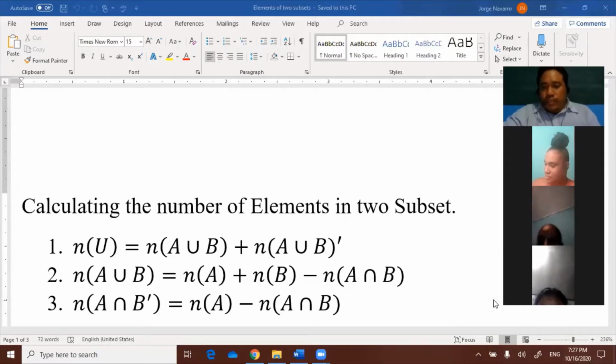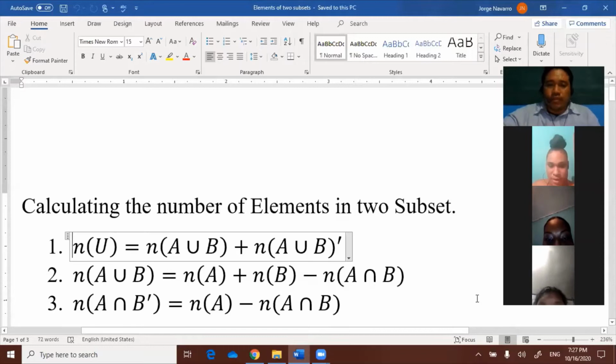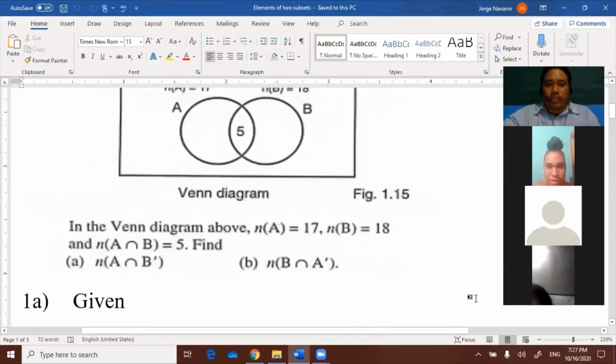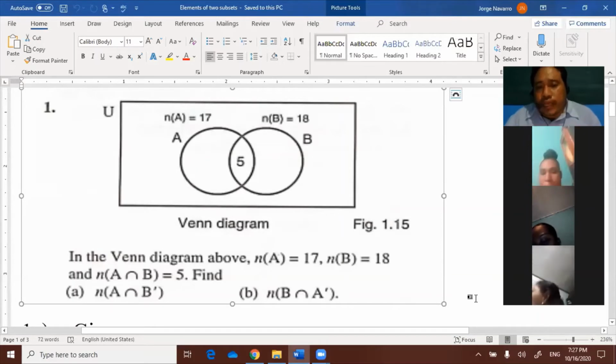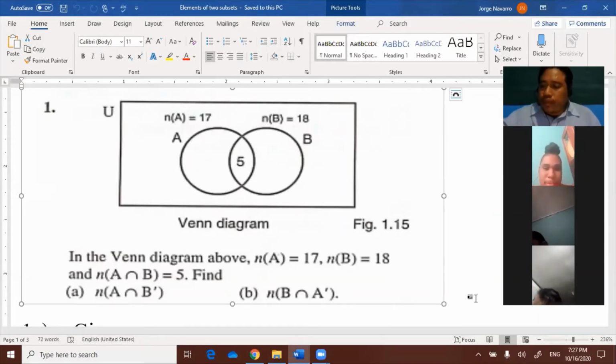So I've chosen two distinct types of problems for us to look at. The first one says, in the Venn diagram above, the number in A is 17, the number in B is 18, and the number in A intersect B is 5.